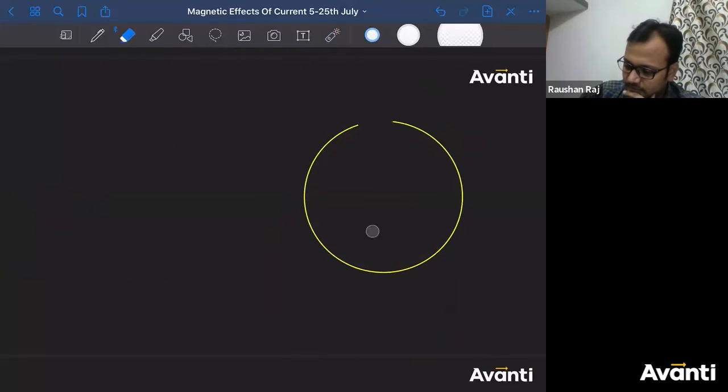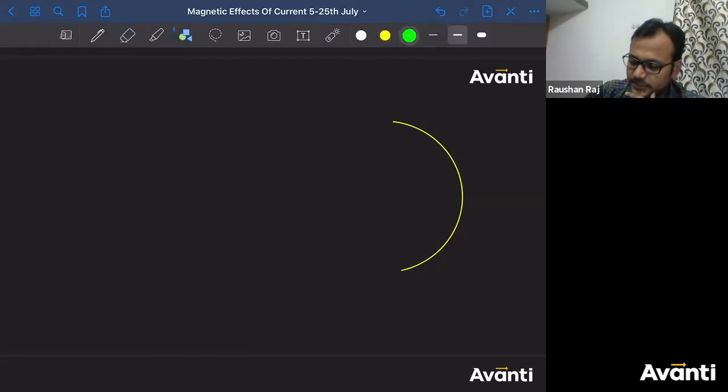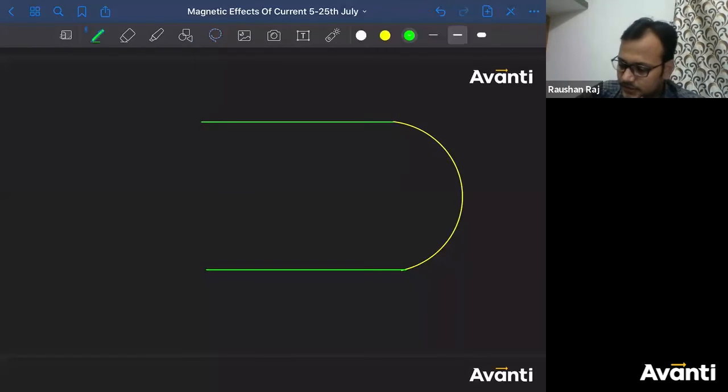On WhatsApp, I don't know the name, but yeah, किसी ने तो एक question पूछा था. Consider this is a semicircle, all right? Consider this is a semicircle. And this is straight wire. This is straight wire. This is the center.